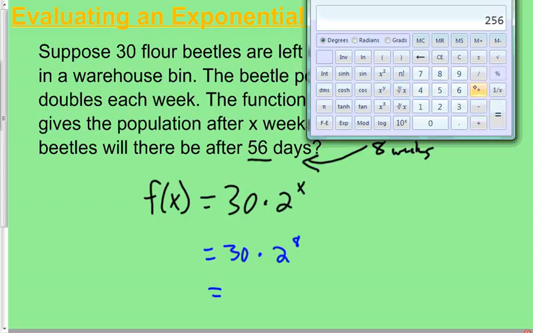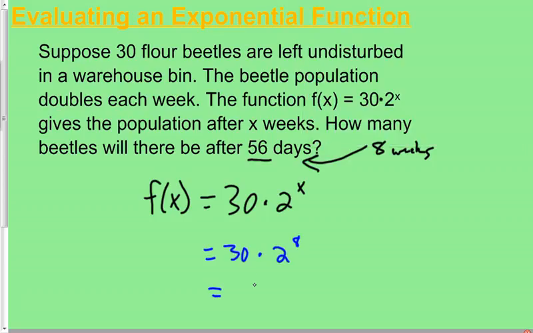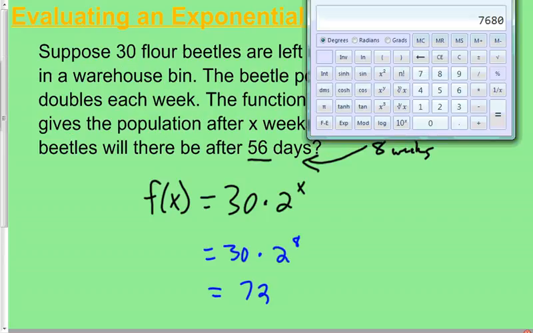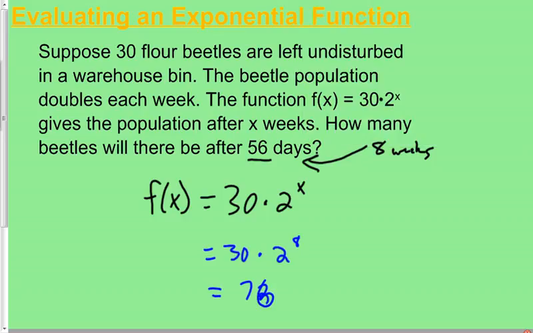And you multiply that by 30, and I got 7,200. Whoops. 7,680. And that would be the beetle population. So that many beetles.